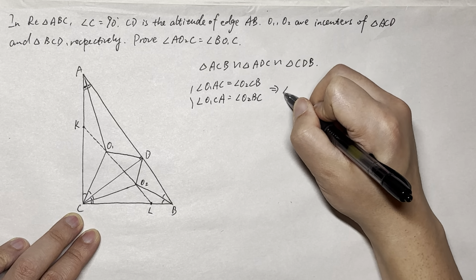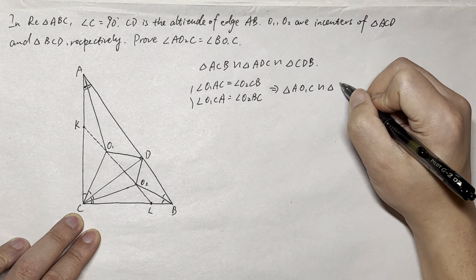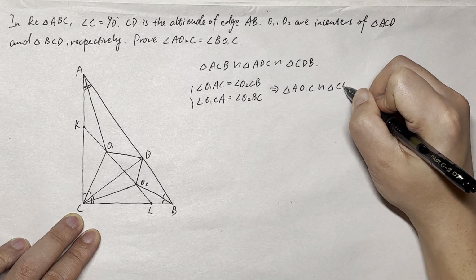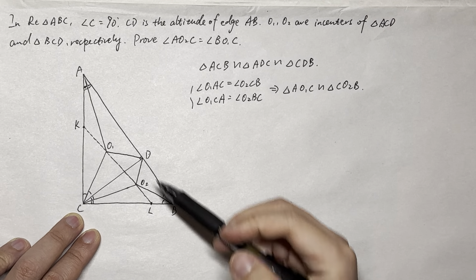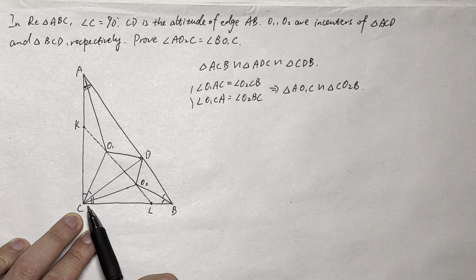So we know that triangle AO1C is similar to triangle CO2B, right? This one is similar to this one.